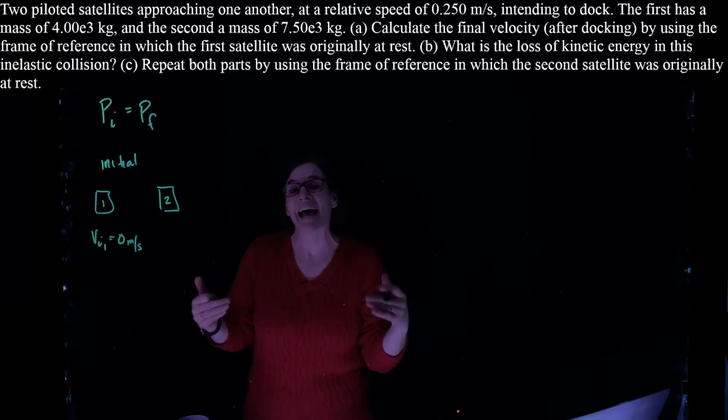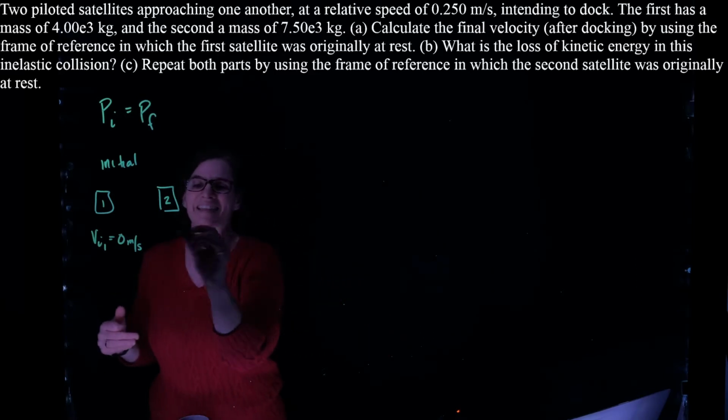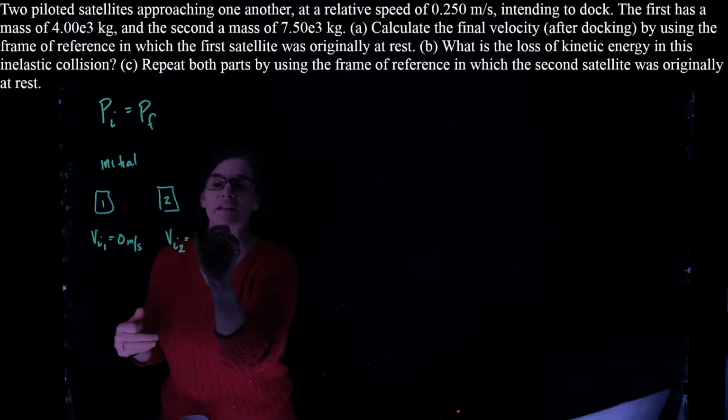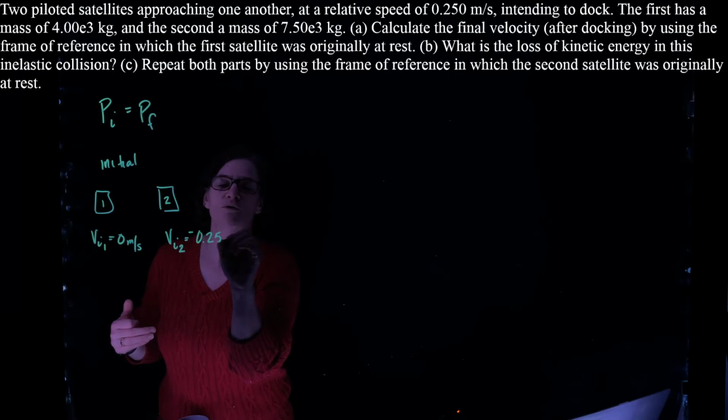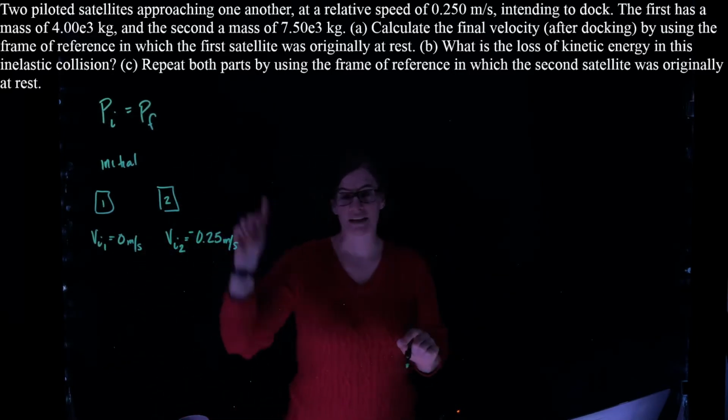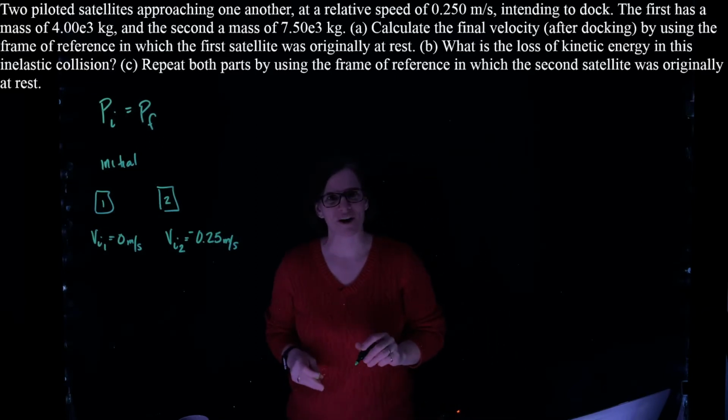Now they're coming at each other, which tells us that the initial velocity of satellite 2 is towards satellite 1. So as I've drawn it, that means this is 0.25 meters per second in the negative direction, if we use convention for our directions.